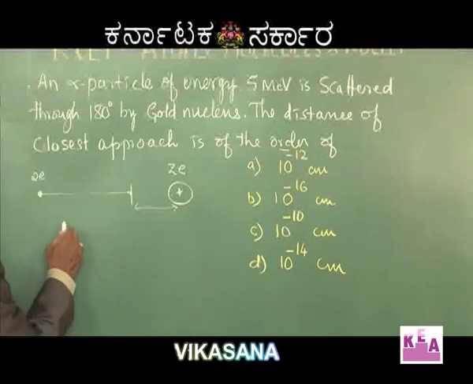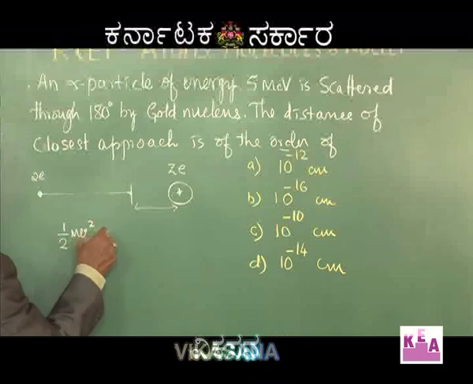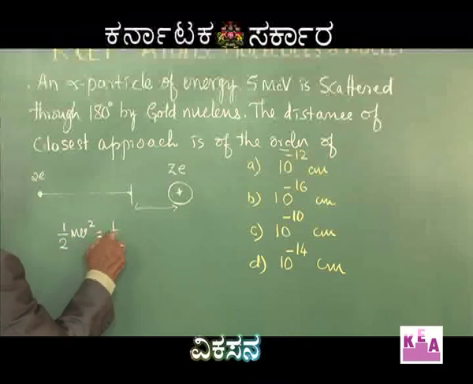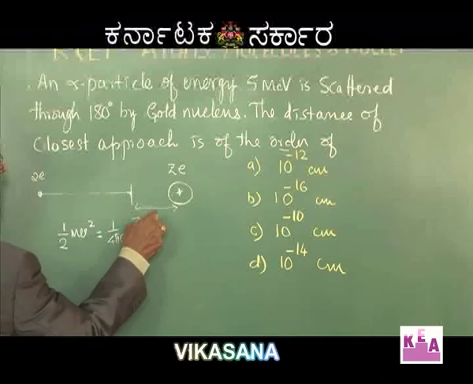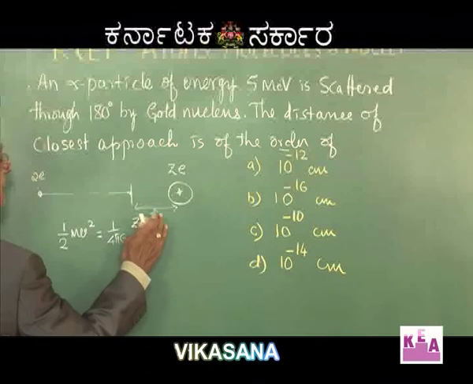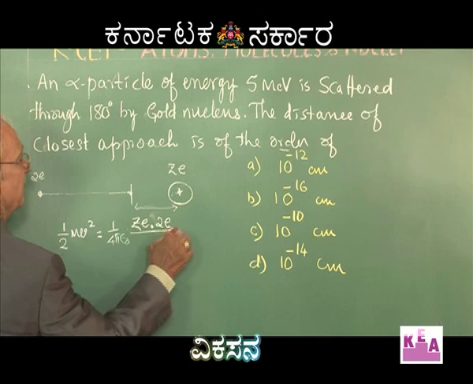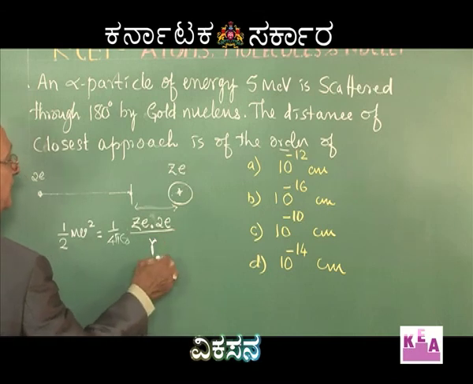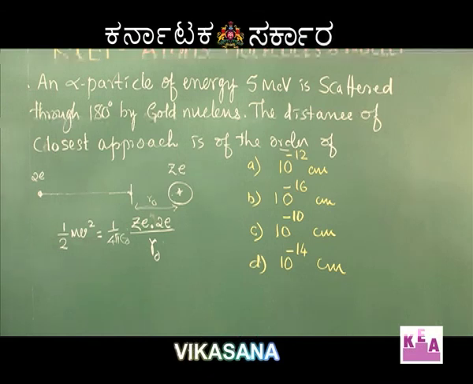So, I will write like this: kinetic energy, half mv square, is equal to the potential energy, 1 by 4 pi epsilon naught into Ze, I should write 2e, divided by R, where R naught I will take as the distance of closest approach.